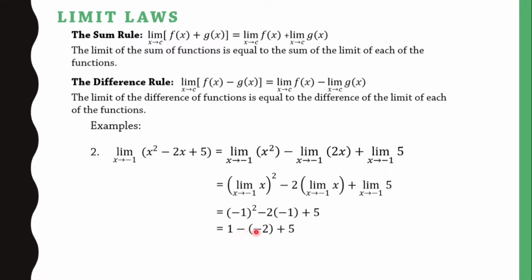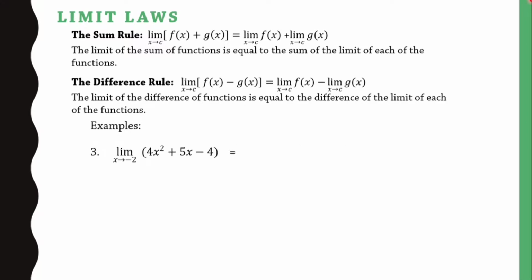Negative 1 times negative 2 will give you positive 2. Okay, this one will become positive. So instead of 1 minus negative 2 plus 5, we will have 1 plus 2 plus 5. So 1 plus 2, that's 3, plus 5, that will give you 8. So the limit of x squared minus 2x plus 5 as x approaches negative 1 is 8.